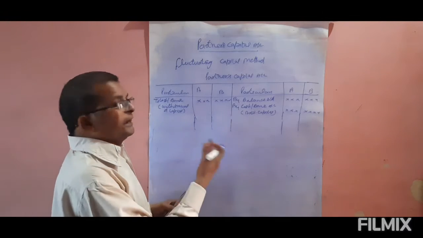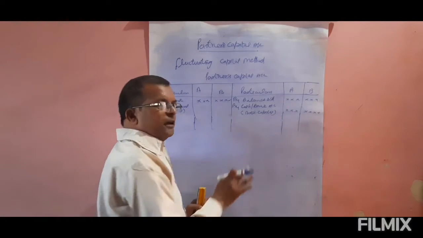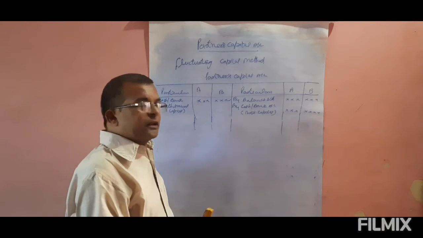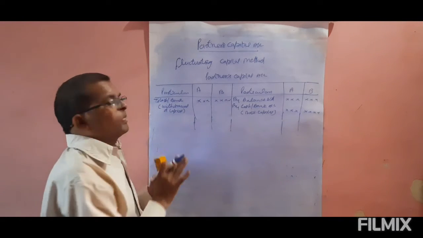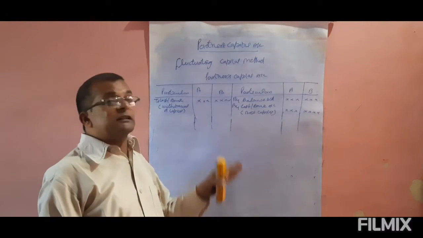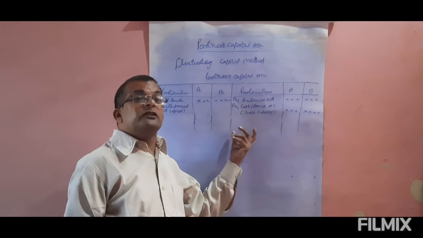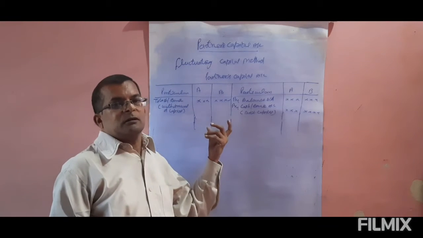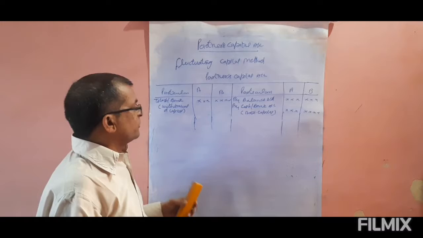We first put the balance b/d, if any, here, any additional capital here, and withdrawal of capital on this side. Again, all the appropriations are also made in this account, like interest on capital, salary, etc.